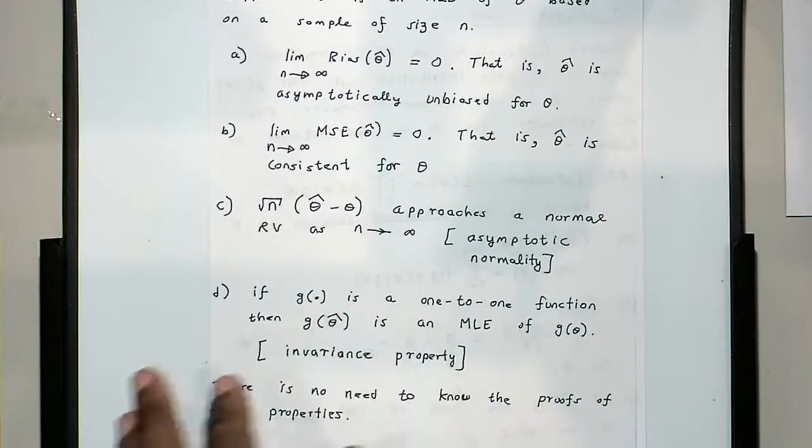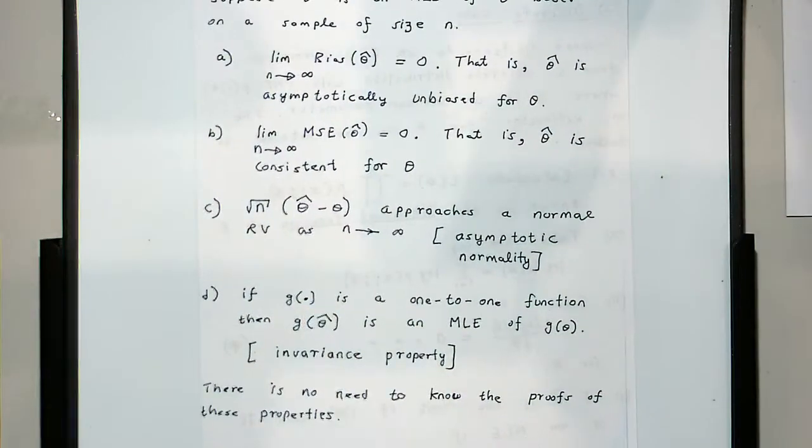I don't expect you to know the proofs of these properties, but it's useful to know these properties. The first property is that the maximum likelihood estimator is always asymptotically unbiased. Remember, asymptotically unbiased means that the limit of the bias of the estimator approaches 0 as n approaches infinity, right?